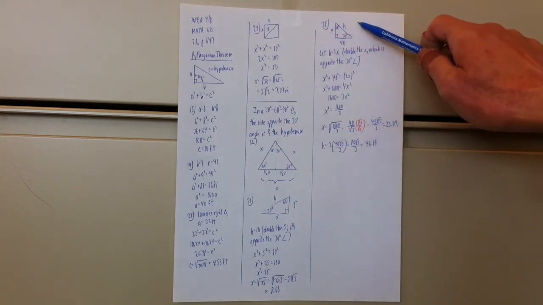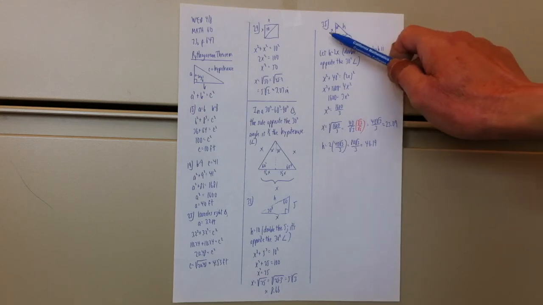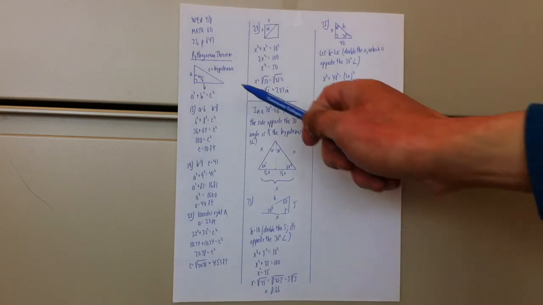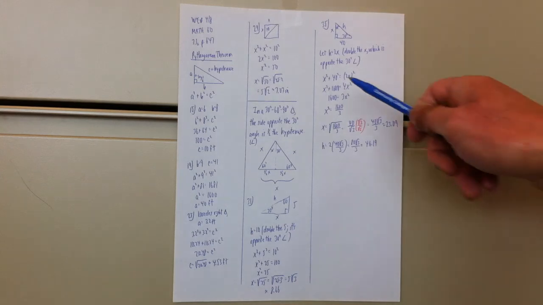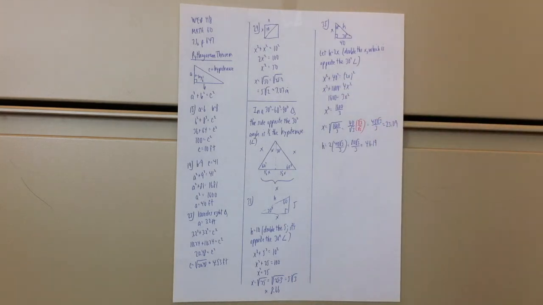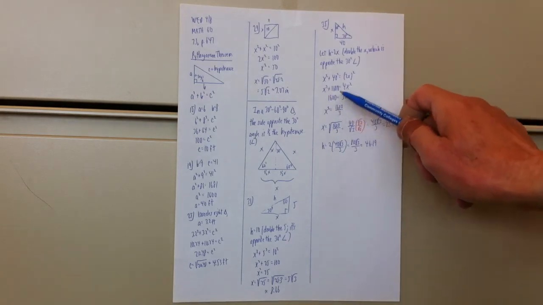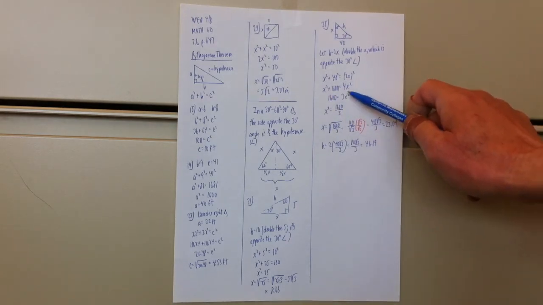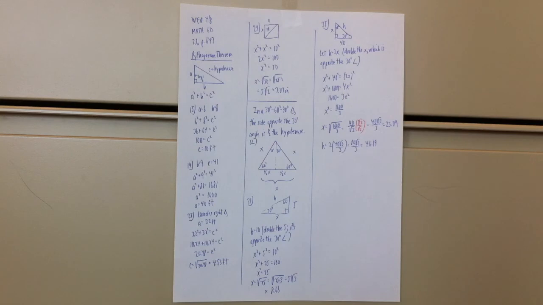So I call this x, this is 2x. So I use x, 40, and 2x back in my Pythagorean theorem. x squared plus 40 squared equals 2x quantity squared. 40 squared is 1600. 2x squared is 4x squared. Subtract x squared on both sides. 1600 equals 3x squared. Divide both sides by 3.